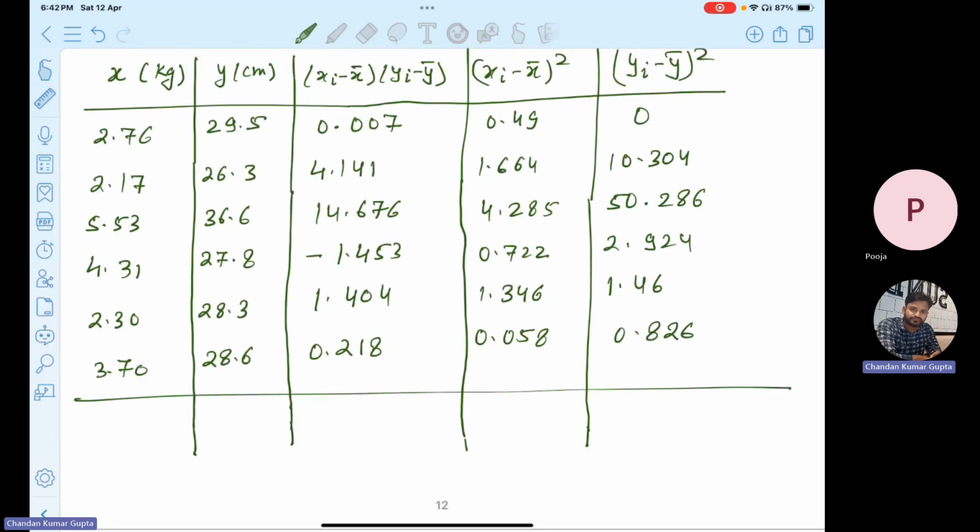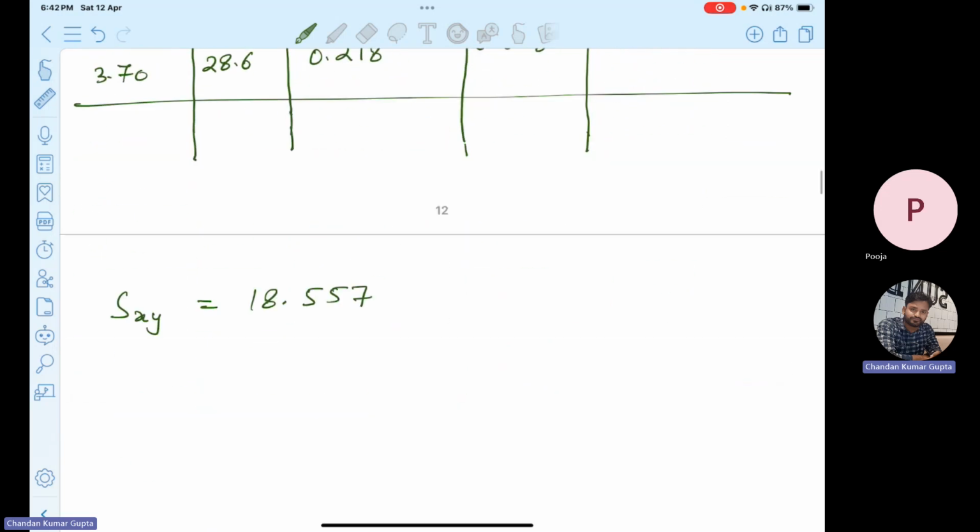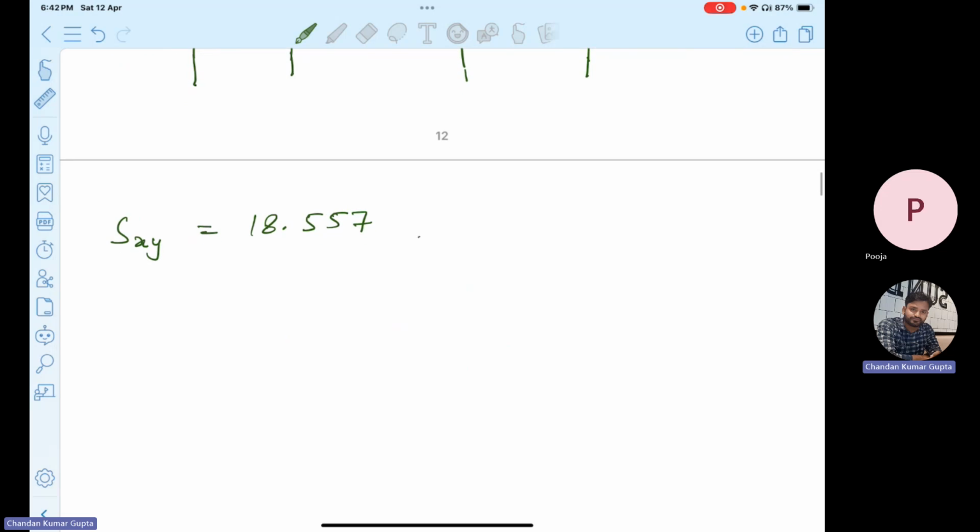Then Sxx is 8.565, and Syy is 65.788. Okay, so we have R.